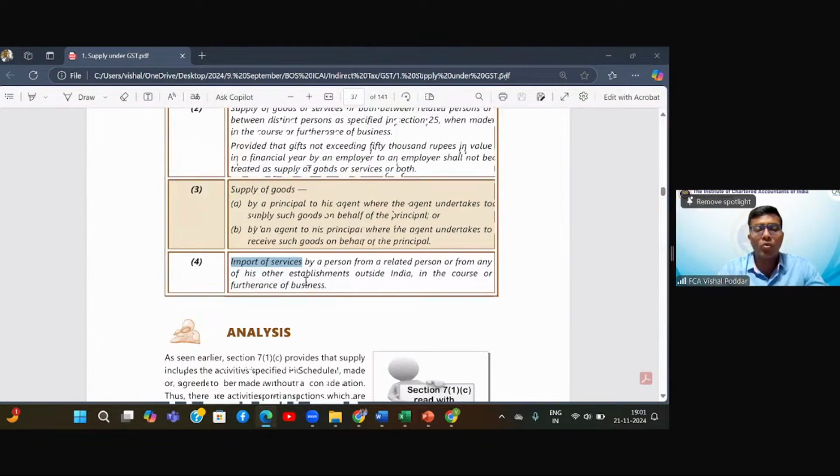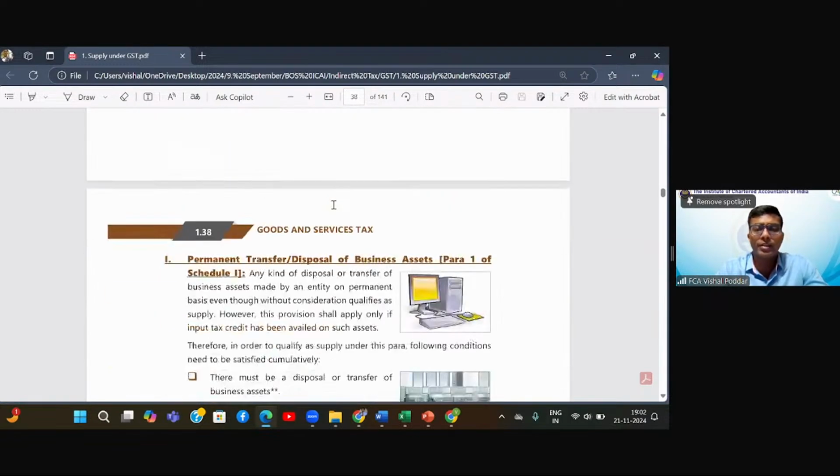So it is done without consideration and it is done from a related person or from your own office which is outside India. तो आप import किससे कर रहे हैं? आपका इंडिया के बाहर कोई ऑफिस या ब्रांच है या आपका कोई रिलेटेड पर्सन है, वो अगर आपको बाहर से कोई भी सर्विस इंडिया में सप्लाई कर रहा है, which is import of service, in that particular case it will be considered as supply under schedule 1 even though it is without consideration. So ये वो चार entries हैं.